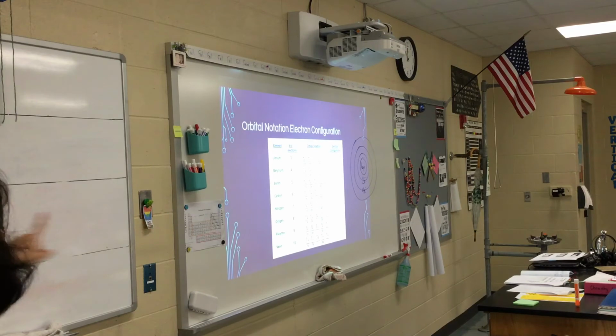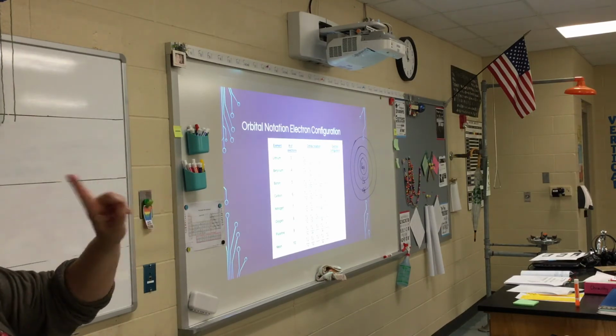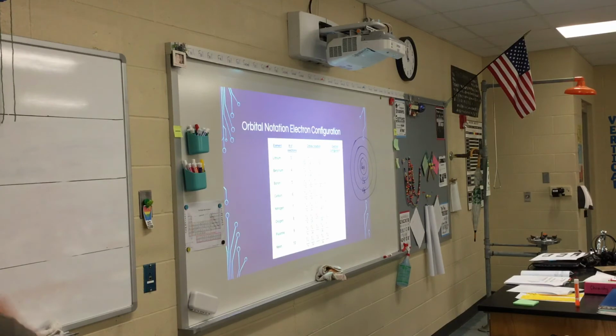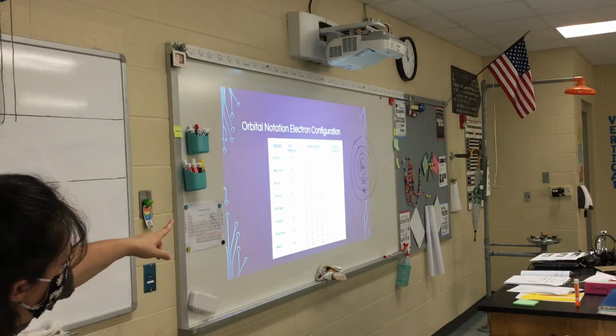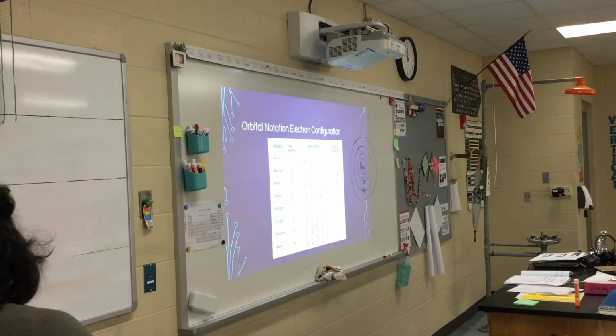Our element of interest is right here. So I'm going to go through hydrogen and helium. Those are 2 electrons in energy level 1, and both are in the s block. 1s. There are 2 electrons, 1 up, 1 down, because we have to use the Pauli exclusion principle, Hund's rule, and the Aufbau principle.